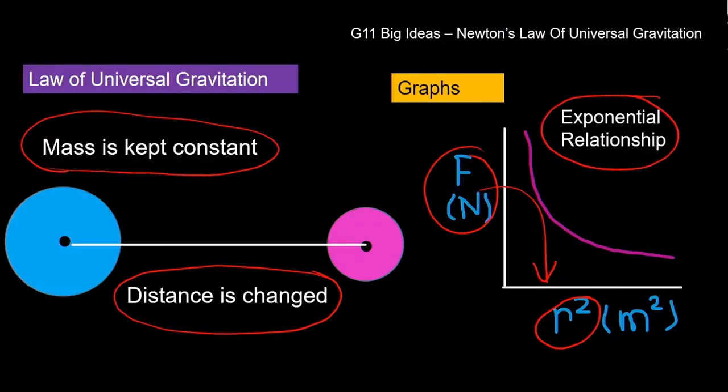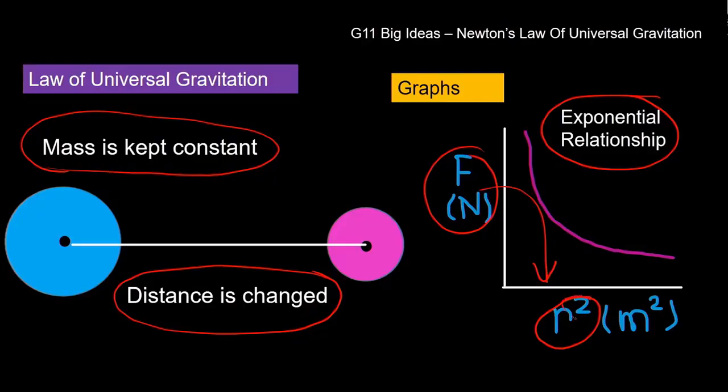But what Sir Isaac Newton found out was that it was an exponential relationship. In other words, as the objects got closer together, the force got way bigger than was expected. And he discovered that it was this exponential relationship of actually distance squared. Now, you would say maybe that this graph is representing something which is indirectly proportional.